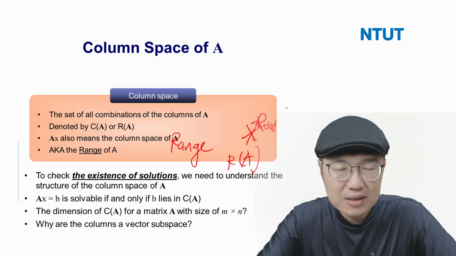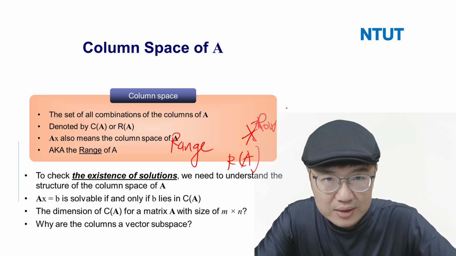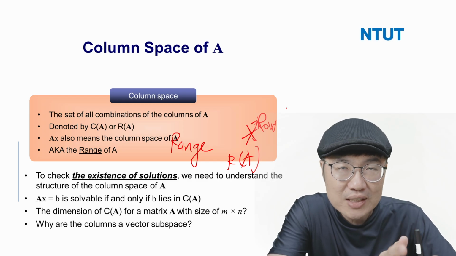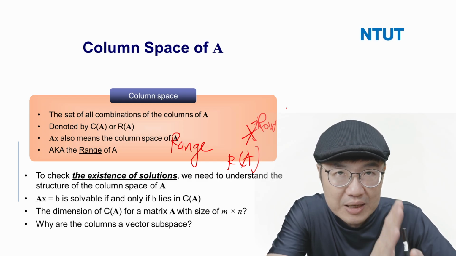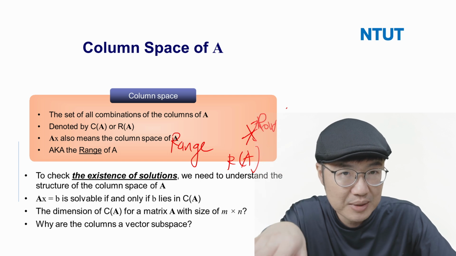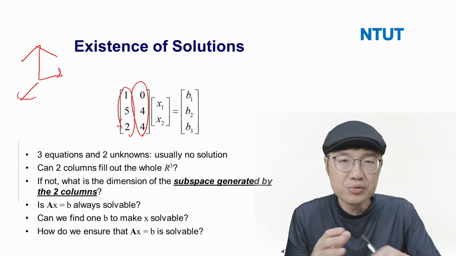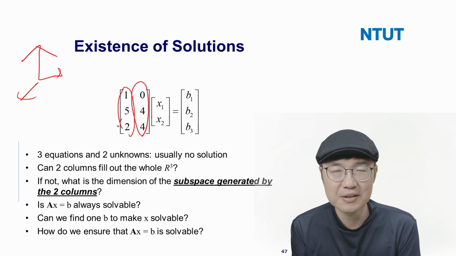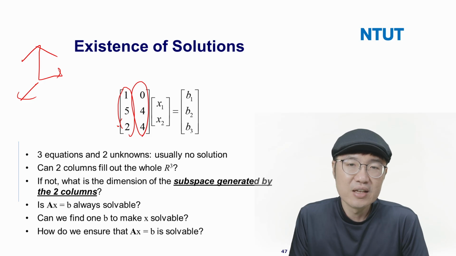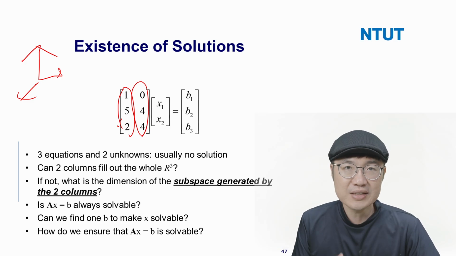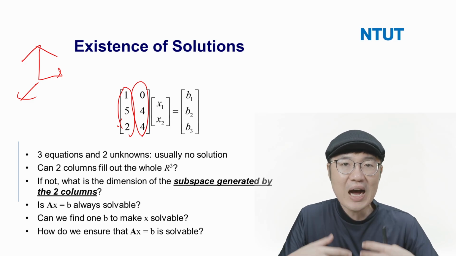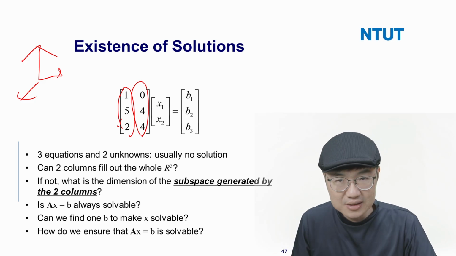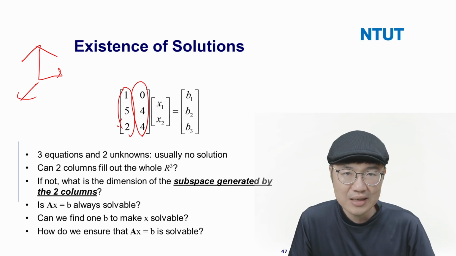Now we know that to have a solution, the right-hand side of course matters, but the way it matters is that it must be in the column space of A. While you see two columns, there are more column vectors, because these columns are just samples from the column space, and the column space is denoted by x1 times the first column plus x2 times the second column.